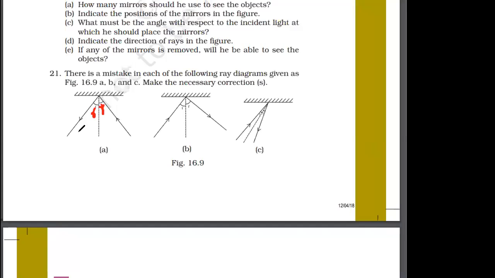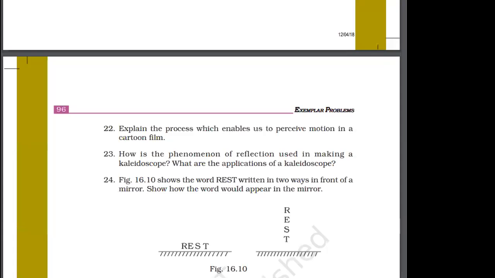A is wrong because angle of incidence is this, angle of reflection is this. The angle is mentioned wrong. It is R and it is I, which should be opposite. And this should actually be this. The angle is more, it should be less. Third one is completely wrong. Normal is perpendicular. Now 22nd.